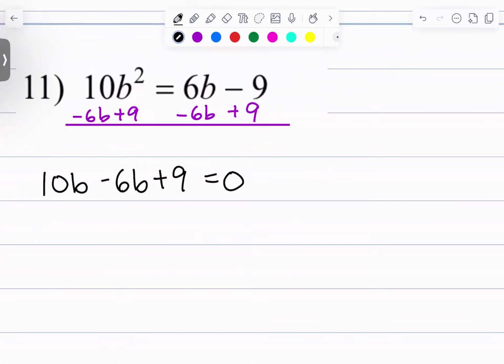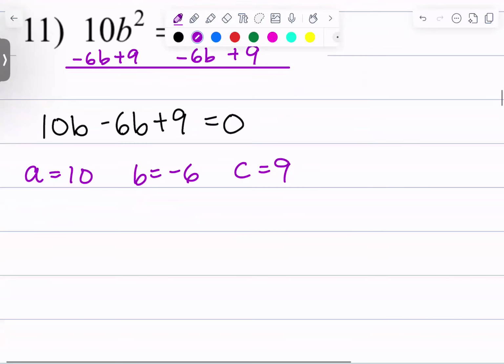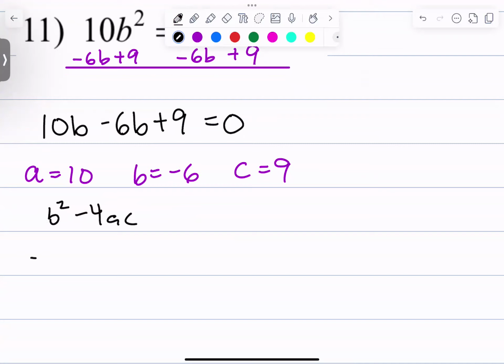Okay, so since it equals 0, I can figure out my A, which is 10, my B, which is -6, my C, which is +9. So I have b squared minus 4ac, that's -6 squared minus 4 times 10 times 9.